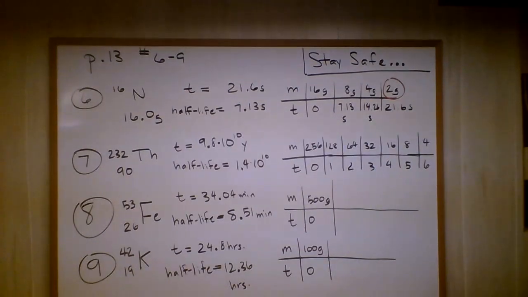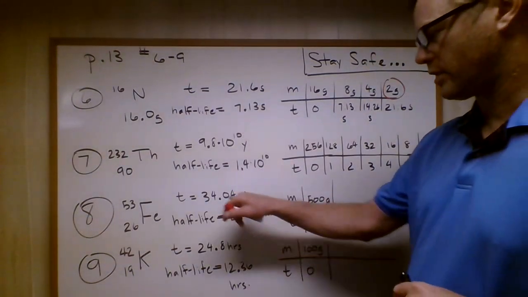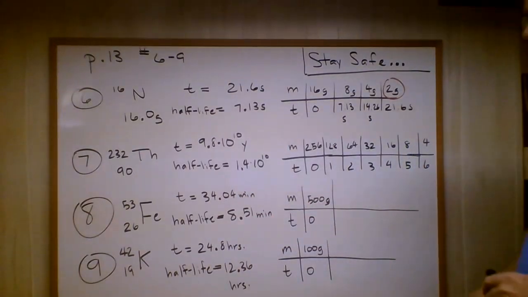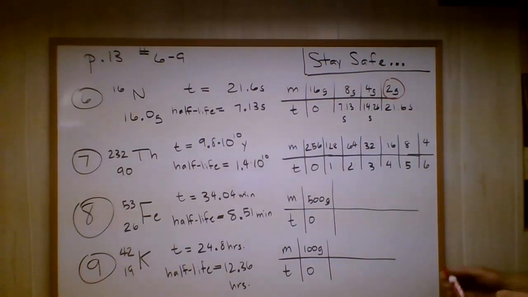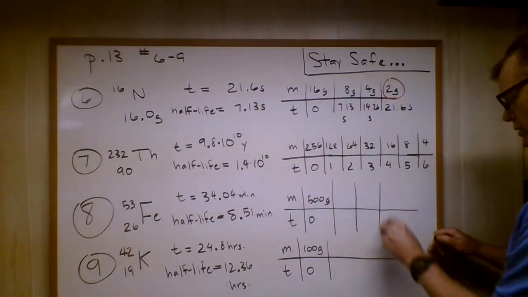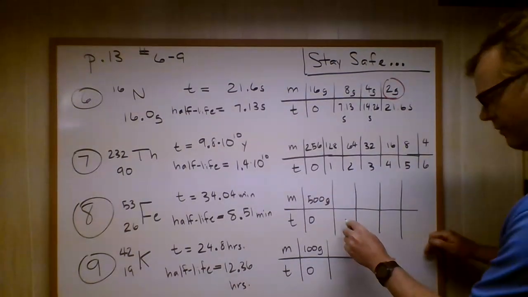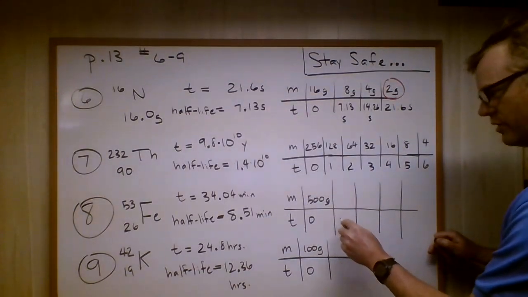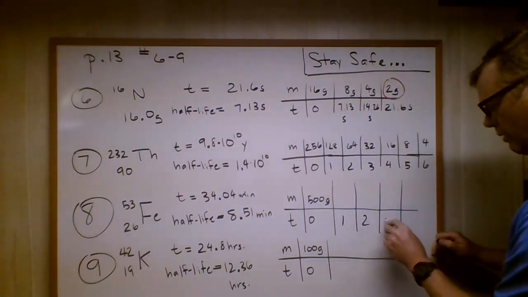All right, next one, number 8 is iron 53 with a half-life of 8.51 minutes. 34.04 minutes is 4 half-lives, excuse me. So we're going to make our chart have 4 spots here. 1, 2, 3, 4. So again, I'm going to put the half-lives in here rather than the number of minutes.